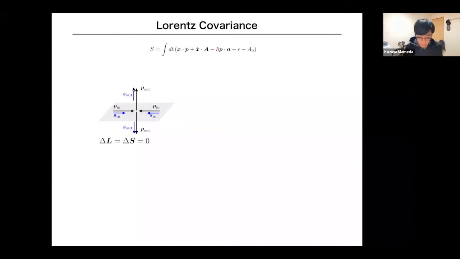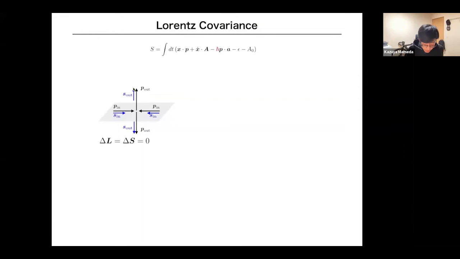The most important point is the Lorentz covariance of the theory. Now we start from the situation where two particles collide from this direction and this direction, and they go out in this direction and this direction.